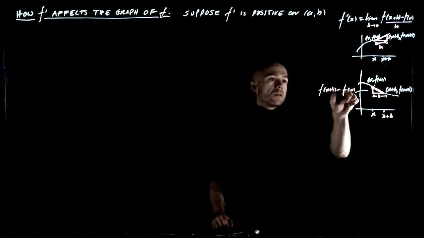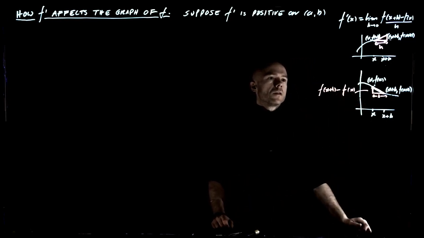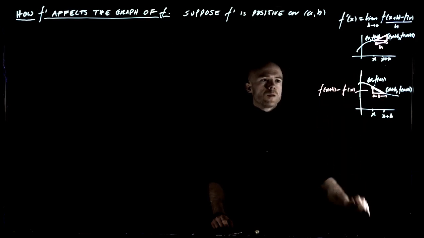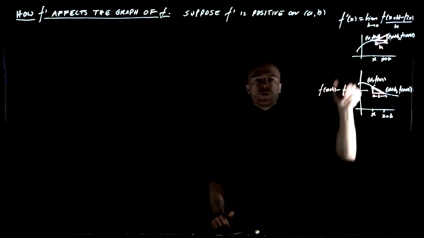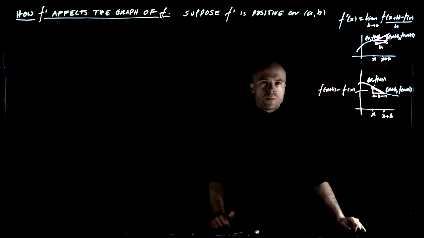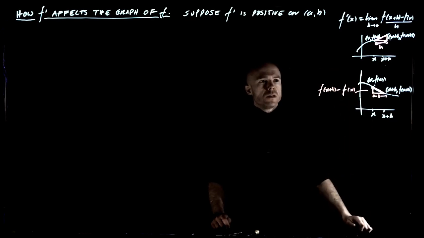But in this case, if this thing is negative, because obviously h is positive, then that comes with the graph sloping down, right? And therefore the graph is decreasing, right?